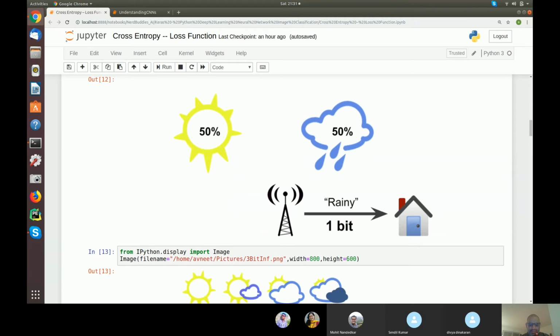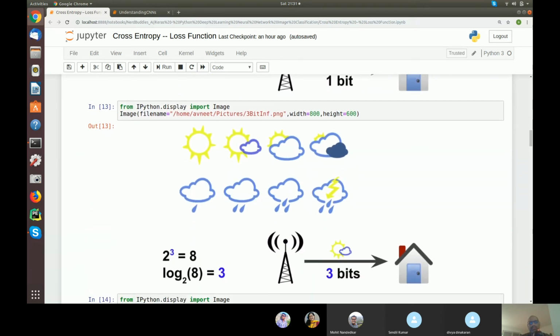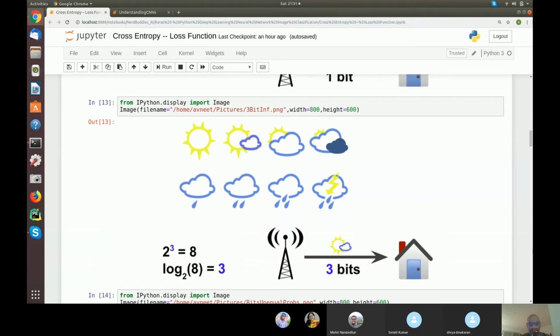But as far as you're concerned, the actual value that you got out of it was 1 bit. And here's the same idea. If you have 8 possible weather conditions, and all of them are equally likely, as Senthil mentioned, you can encode them in 3 bits. And the simple formula for that is there are 8 equally likely outcomes. So you take the log of that to the base 2.